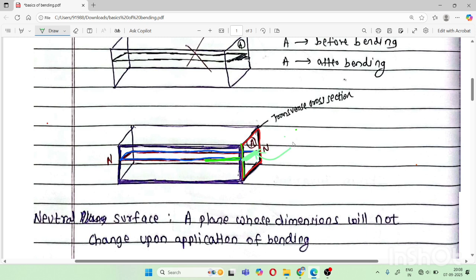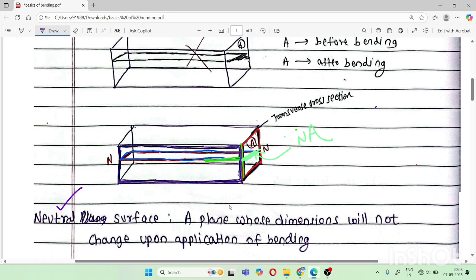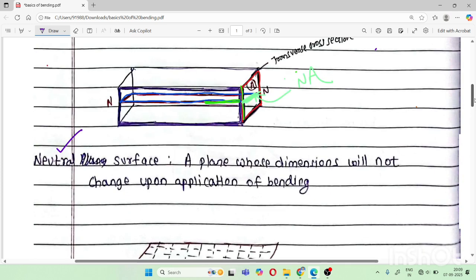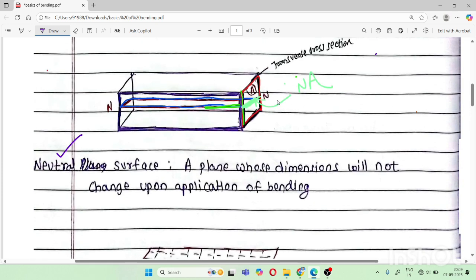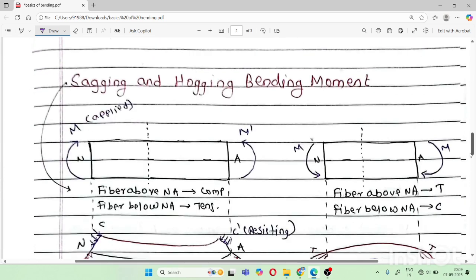Simply, where the neutral plane meets the transverse cross section, that axis is called the neutral axis. So that is the definition of the neutral axis: the intersection of the neutral surface and the transverse cross section. And that is the definition of neutral surface. I hope the picture is self-explanatory: what is neutral axis and what is neutral surface.